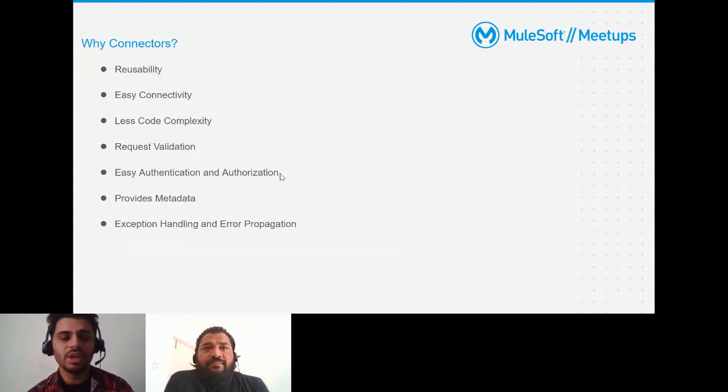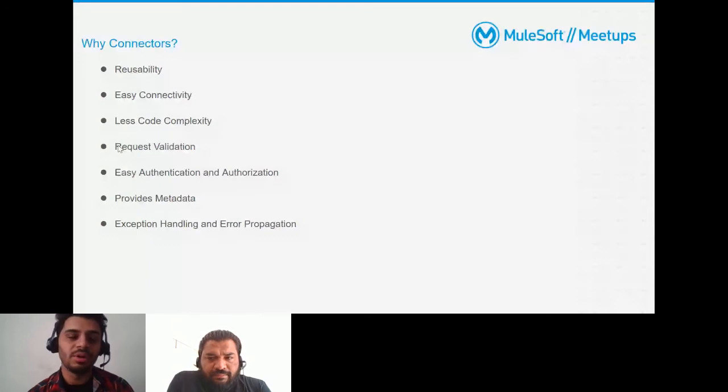There's one more point which talks about request validation. When I say request validation, when we call an API, we need to take care of what input body it takes in. So we have to first figure out what inputs can be entertained by this API, and what if we give some wrong values.